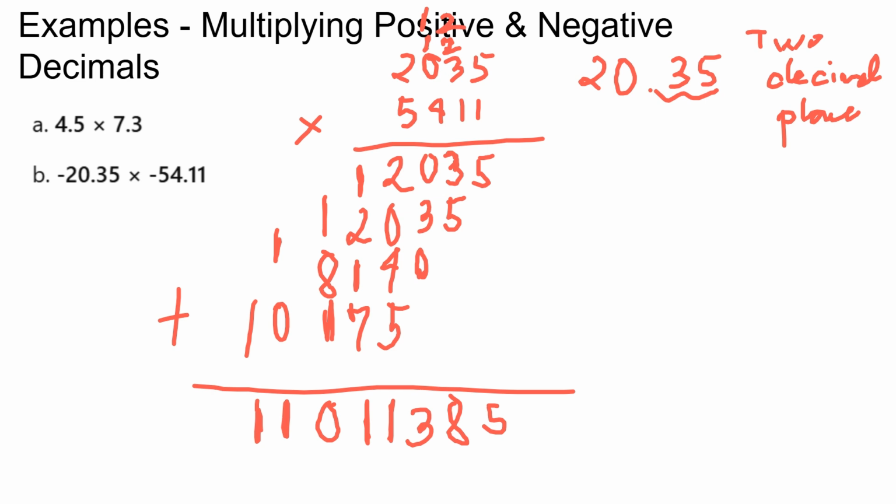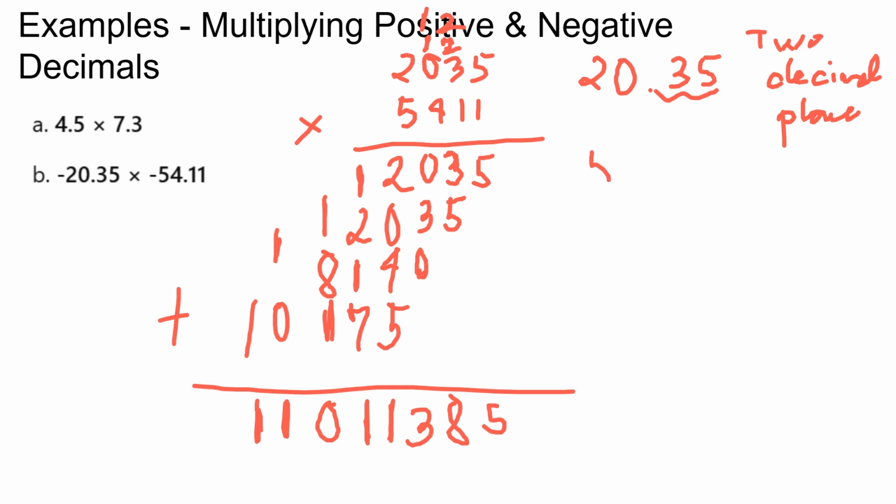That is the total number of digits to the right of the decimal point. So we have two decimal places for 20.35.